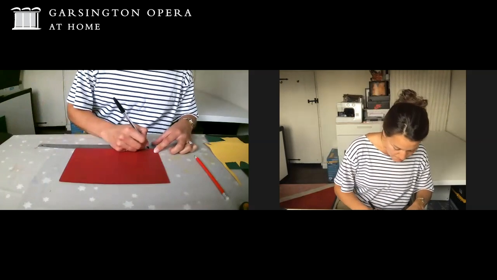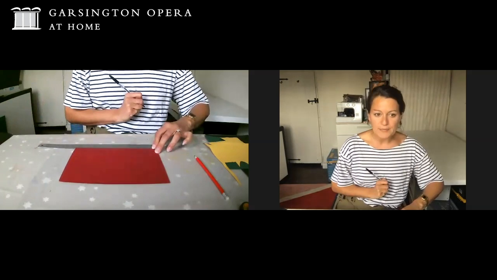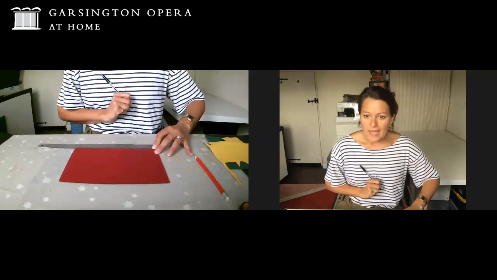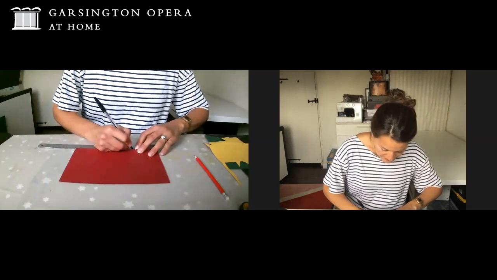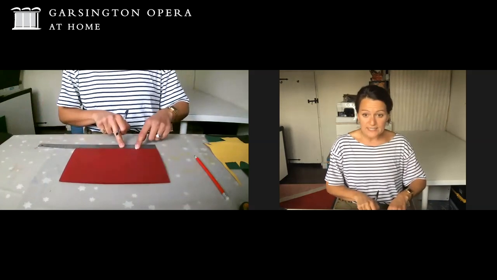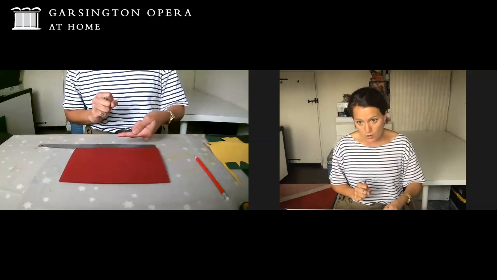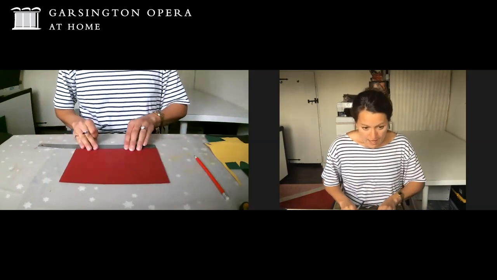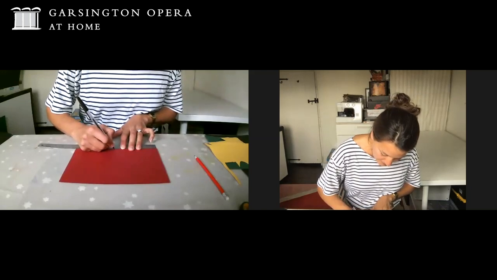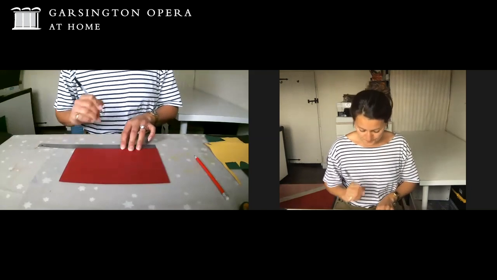So I want you to put a mark at 2 centimetres and at 3 centimetres. And then we're going to put a mark at 6 centimetres and 7 centimetres. So we're working along the ruler this way. Then you're going to put a mark at 10 and 11.